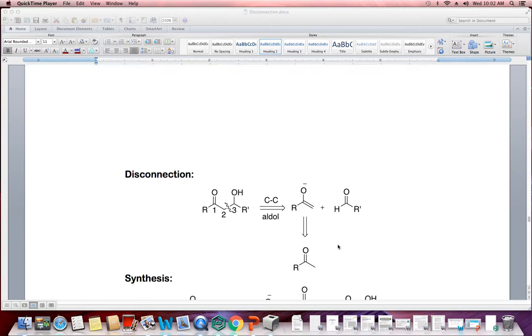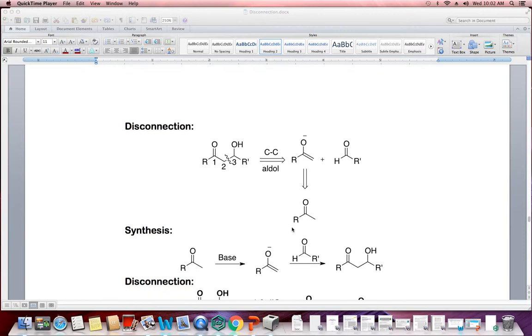This enolate ion will give the reagent as aldehyde. These aldehydes or ketones, this R or R prime, may be similar functionality, that is in a simple aldol condensation reaction, or R and R prime may be different, that is the most common in cross aldol condensation reaction.